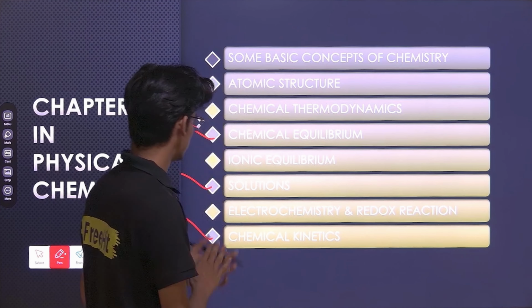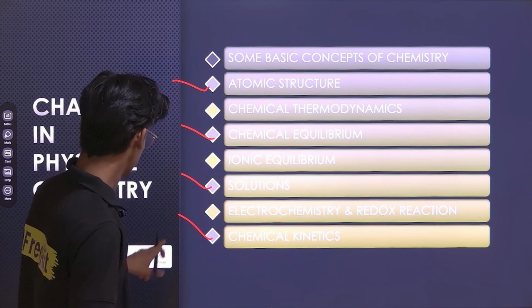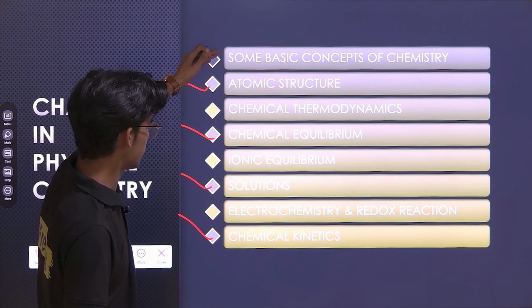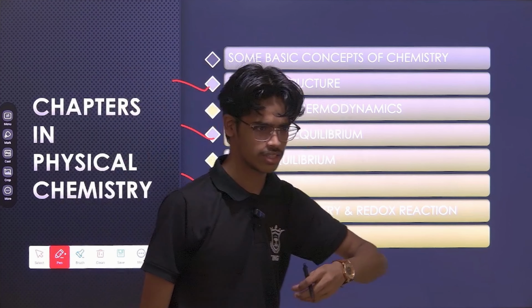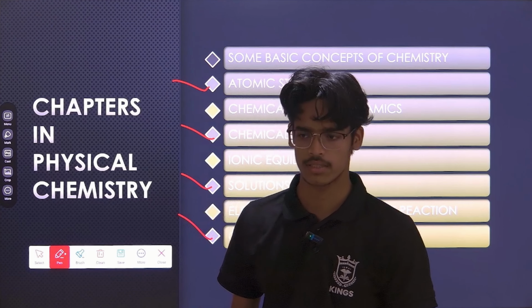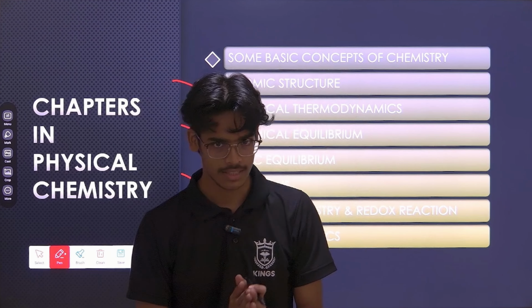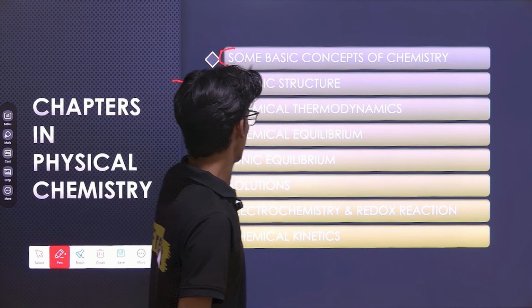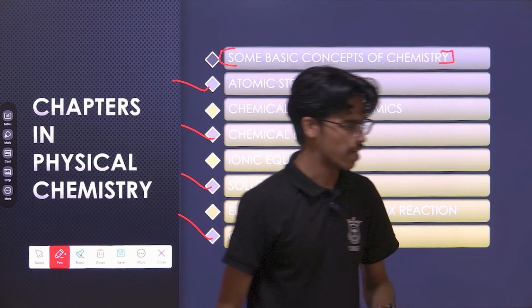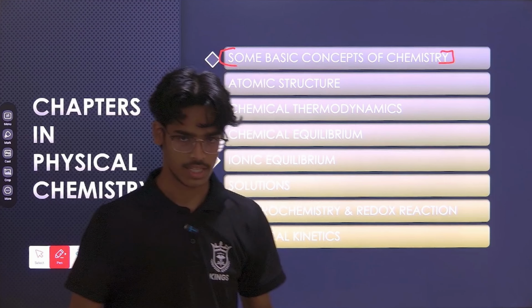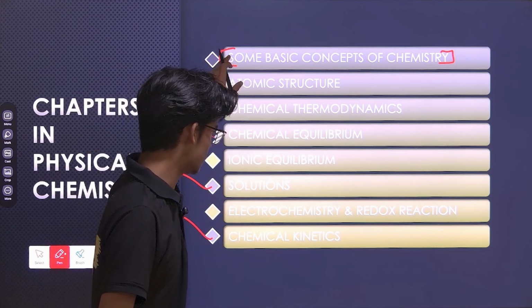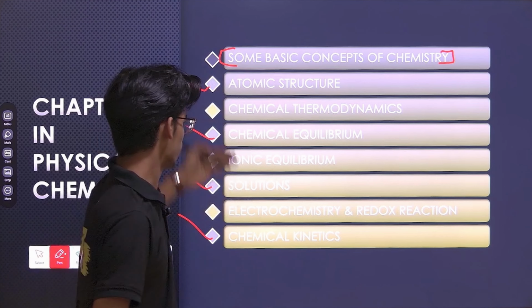At the very last, importance goes to some basic concepts of chemistry. You will receive very few questions from this chapter, but it is the most basic and foundational chapter for physical chemistry, so we have to study it in detail, only then will we be able to score in these chapters.